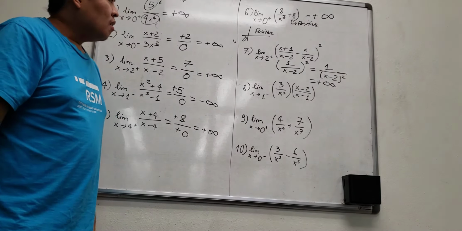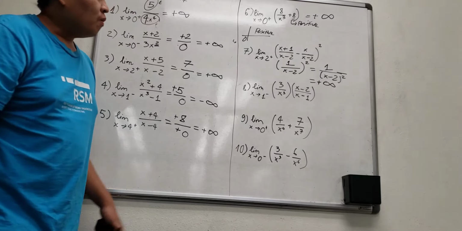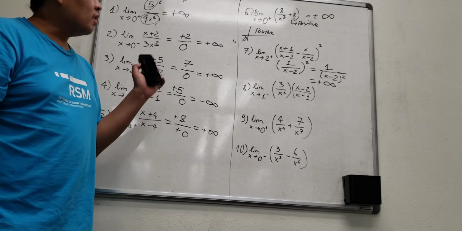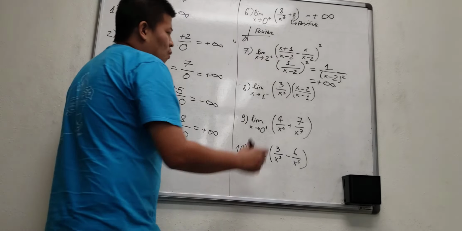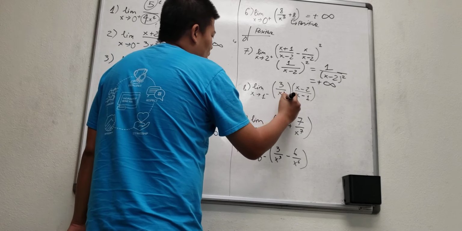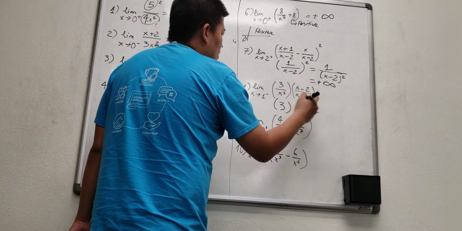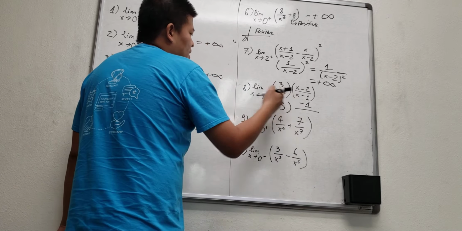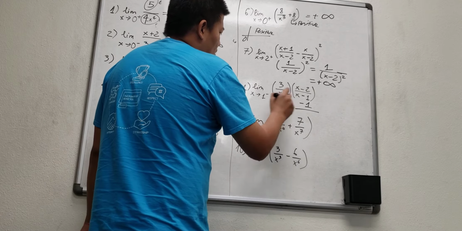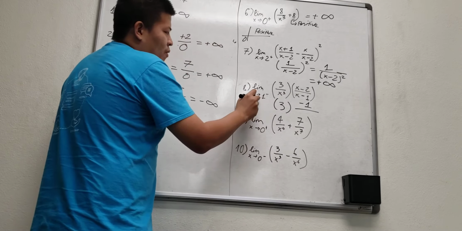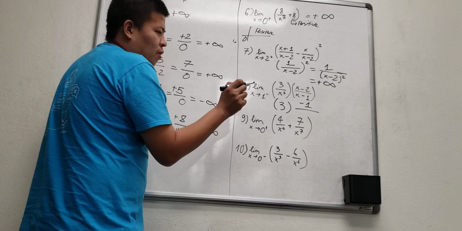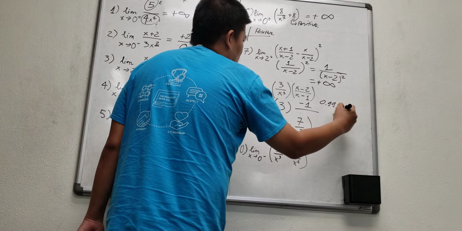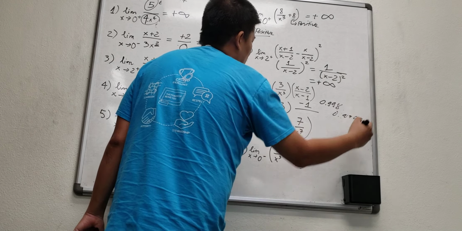Number 8, we have s going to 1 from the left to the right. So we input number 1 in here, we get 3. 1 minus 2 is minus 1. S goes to 1 from the negative, so 1 from the left to the right, so the number can be 0.998 or 0.99999, something like this.